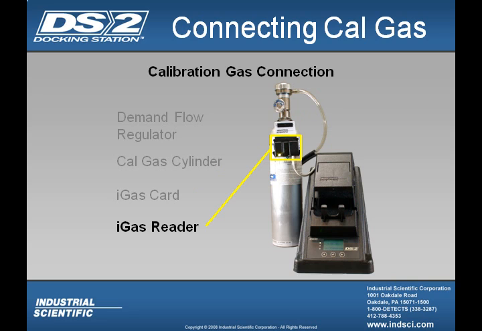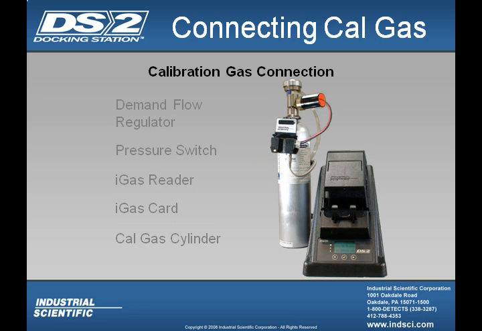The card slides into the reader, and the reader automatically reads the encoded information on the card and delivers that back to your DS2. If using the calibration gas cylinder with a demand flow regulator with a pressure switch connected, you do have your demand flow regulator at the top. And connected to that demand flow regulator is your pressure switch. Now the pressure switch is going to read the pressure inside the cylinder and transmit that back to your DS2.